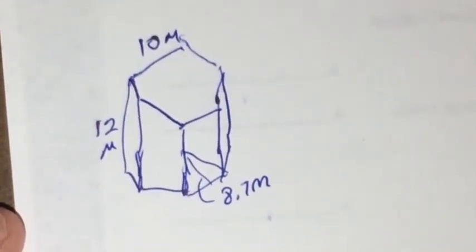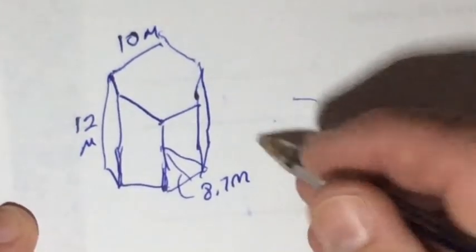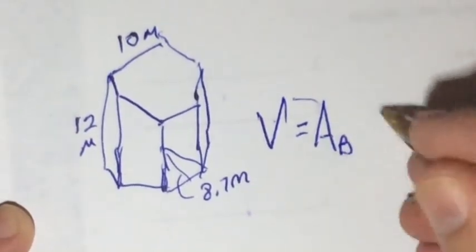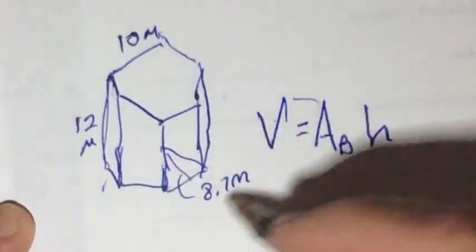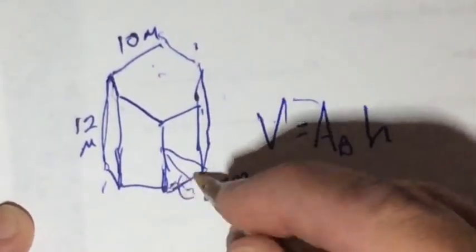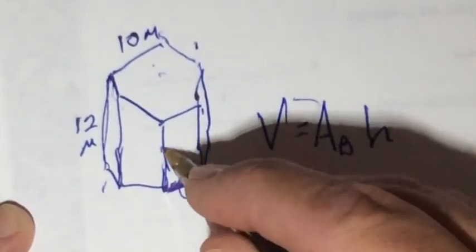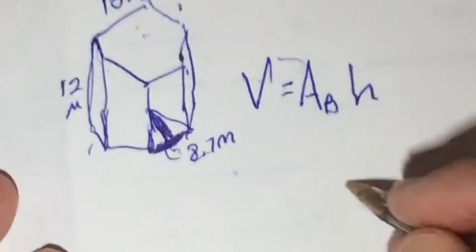Forgive my drawing, but basically, even when you have a prism, the volume is equal to the area of the base times the height of the 3D unit. The height here is 12. The sides are all 10. And the apothem here, which is the height of the triangle on the bottom, is 8.7.